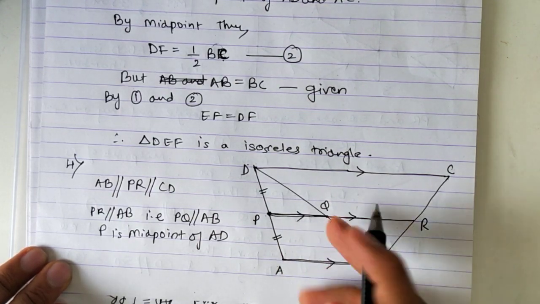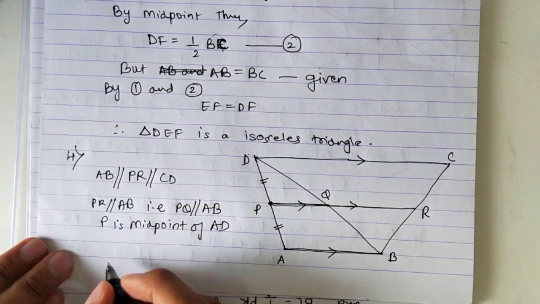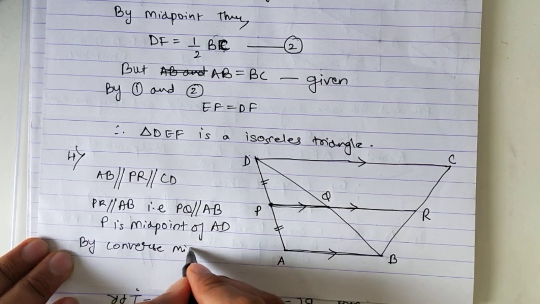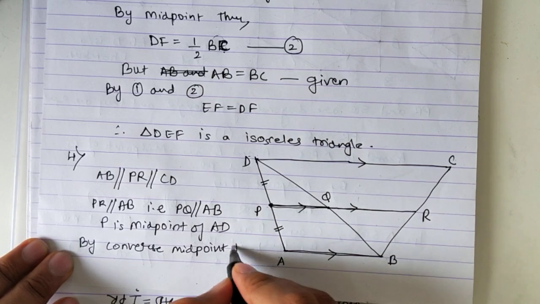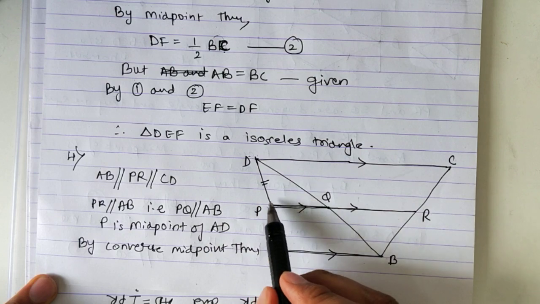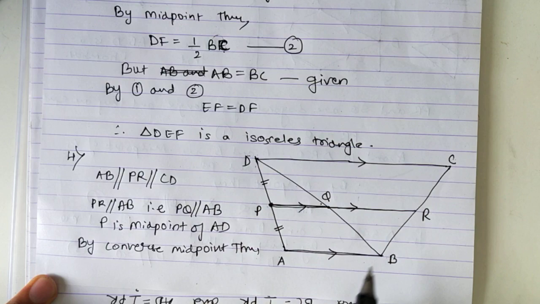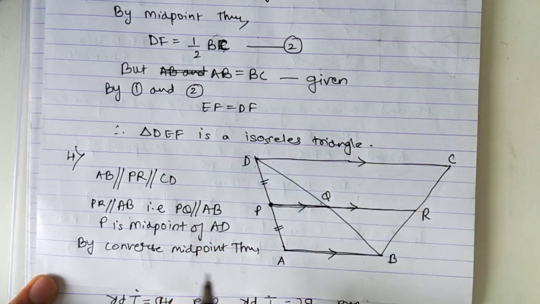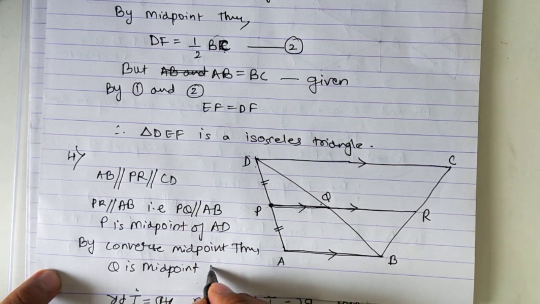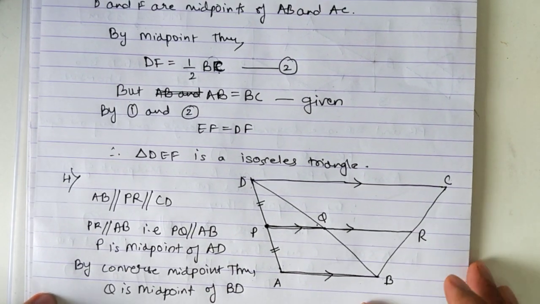So which theorem will be used here? One midpoint is given and a parallel is given, so by the converse midpoint theorem, we can say if P is the midpoint of AD and PQ is parallel to AB, Q is the midpoint of BD. Q is also the midpoint of BD. I hope you remember the converse midpoint theorem.